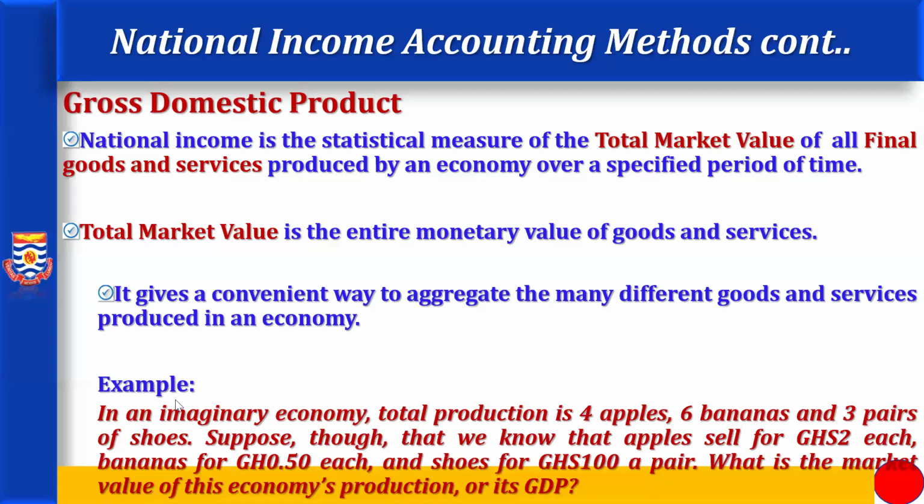In an imaginary economy, total production is 4 apples, 6 bananas, and 3 pairs of shoes.